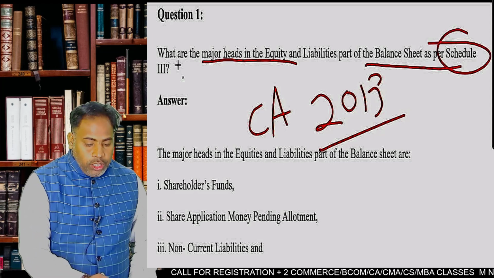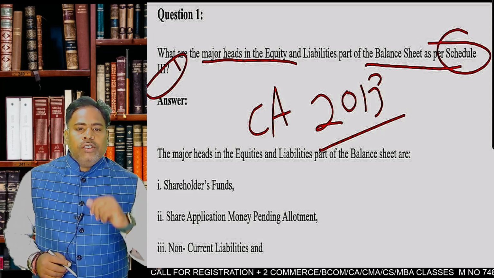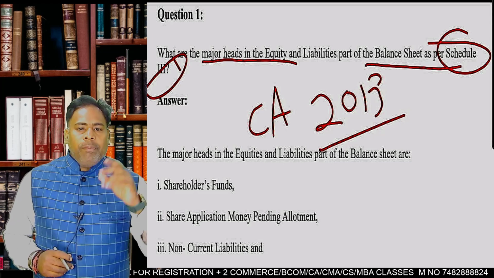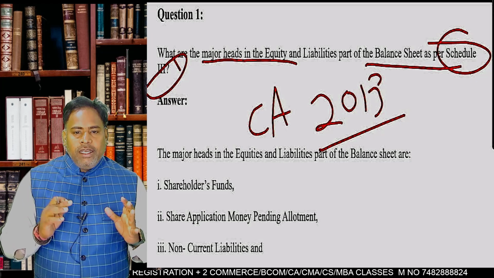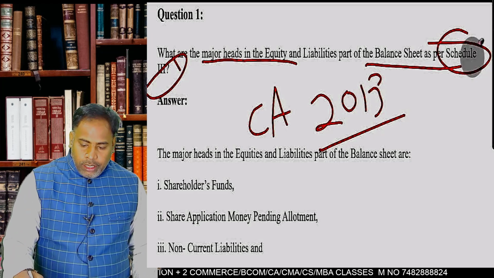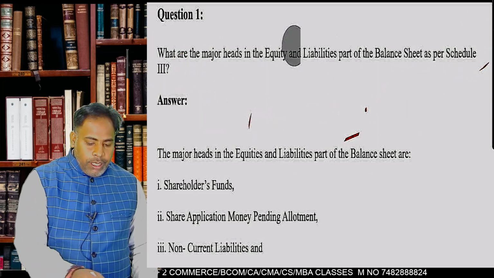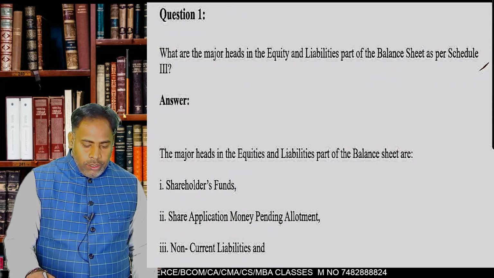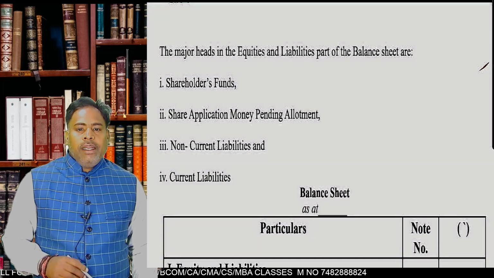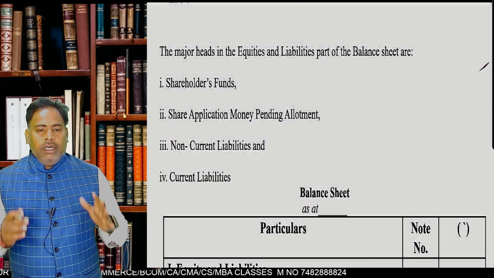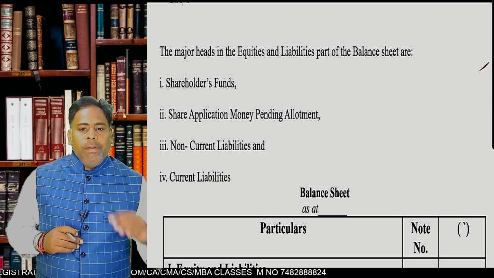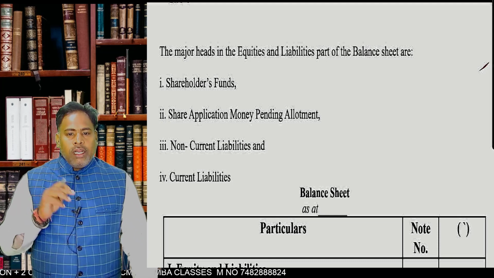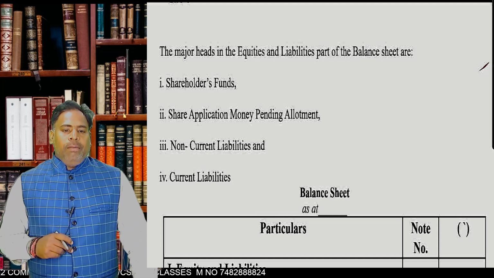Schedule 3 talks about the balance sheet format of the company. Its major heads of equity and liabilities are: first, shareholders' funds, then share application money pending allotment, then non-current liabilities and current liabilities.